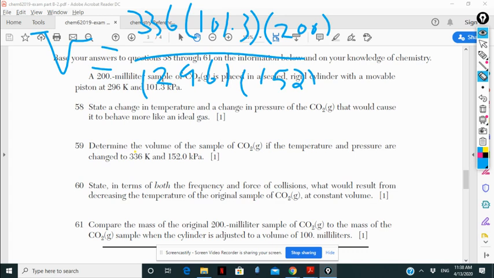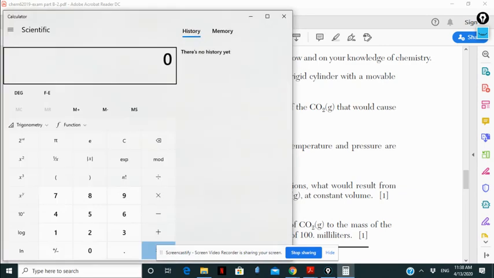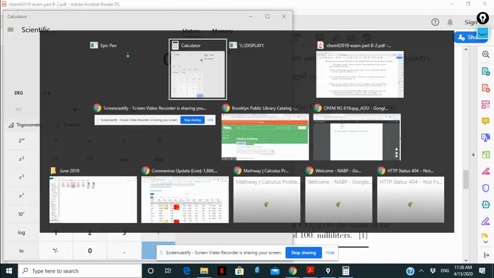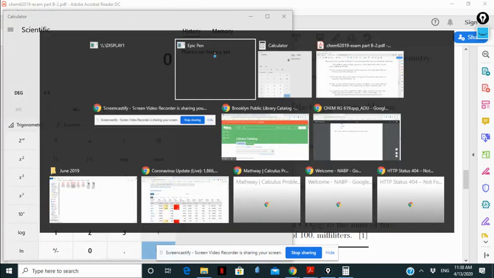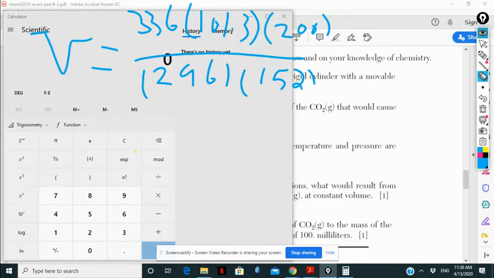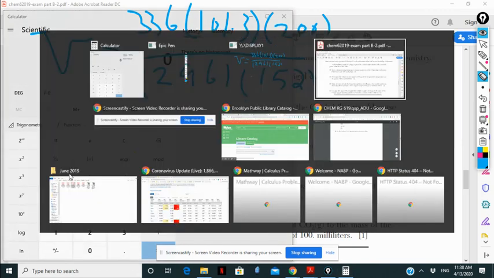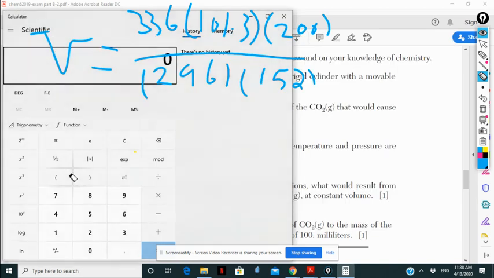So I'm going to use the calculator now. Okay, I'm going to multiply with my cell phone.